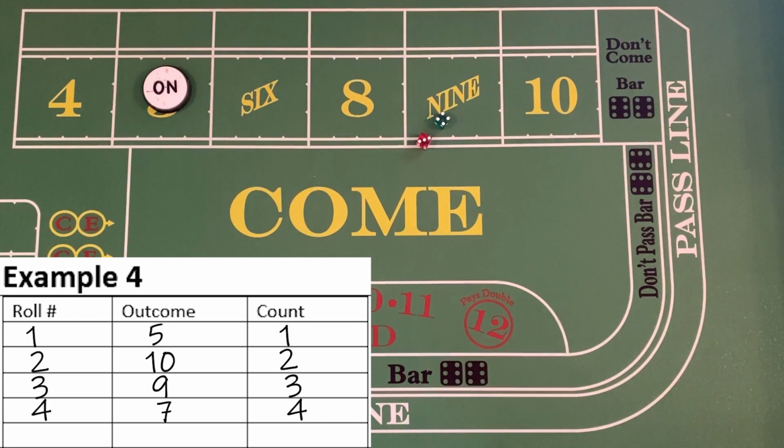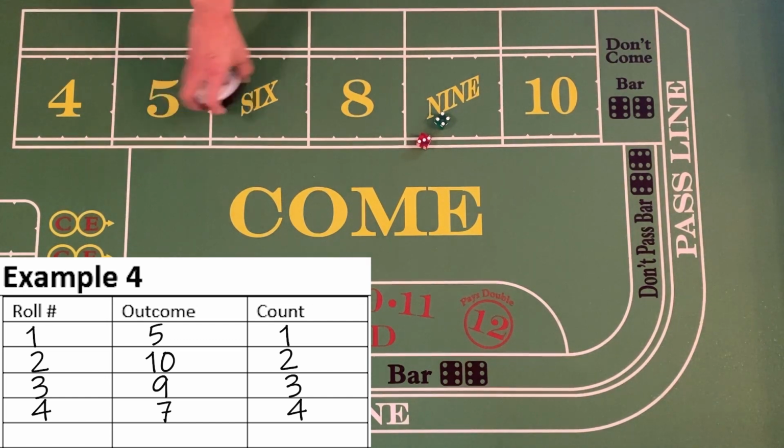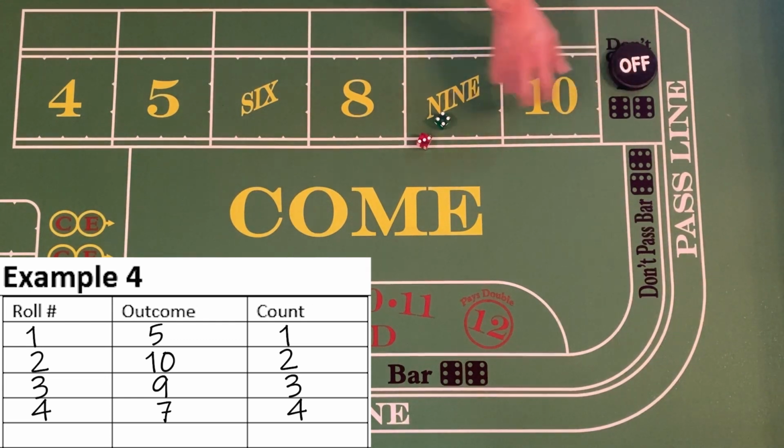Well, obviously that terminates play, terminates the cycle, the shooter sevens out, and we would have never gotten to a count of 5. And that's the beauty of the system, it protects you against a random roller.